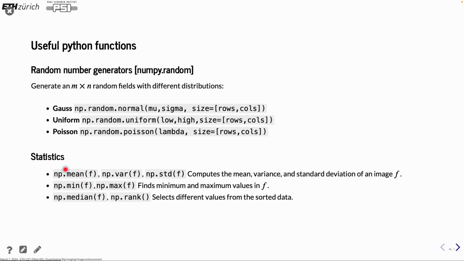So you have mean, variance, standard deviation, min, max, median, and rank. Some of these you can actually apply directly to the NumPy arrays. So you can just have your array variable dot mean, for example, and then you get the average value. So there are two ways of accessing that. You could either do np.mean(x) or x.mean(). You can use both of those.